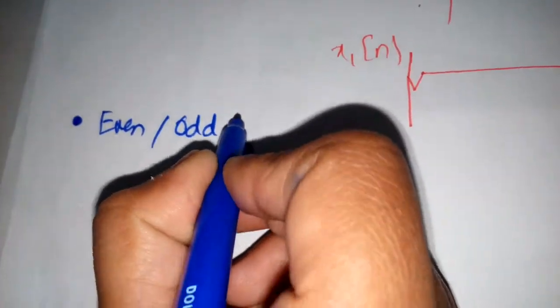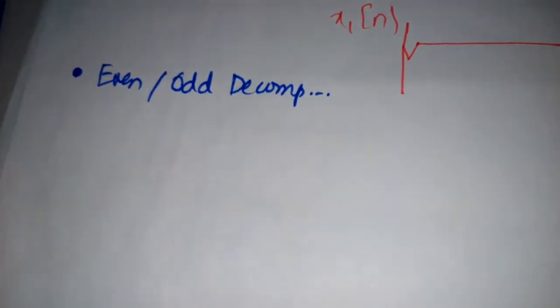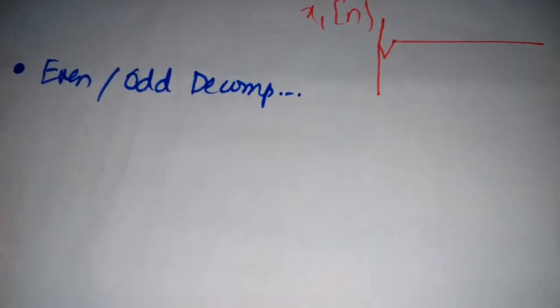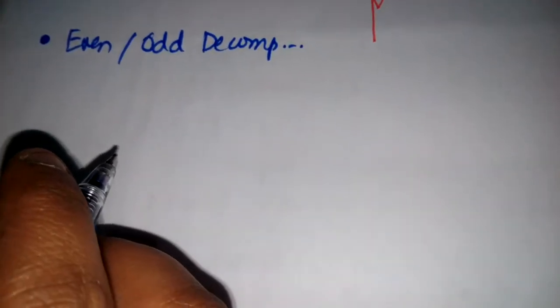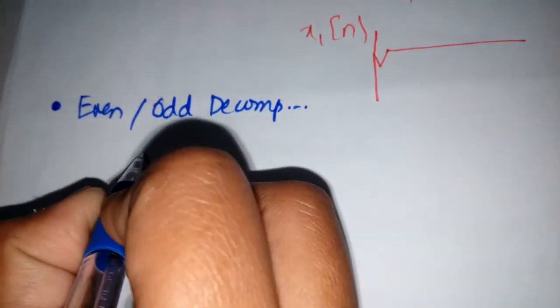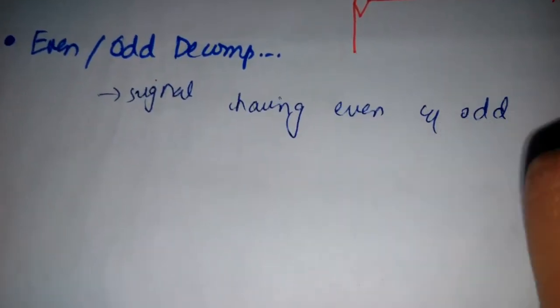The next type is even/odd decomposition. That is, a signal breaks into two components, one having even symmetry and the other having odd symmetry.